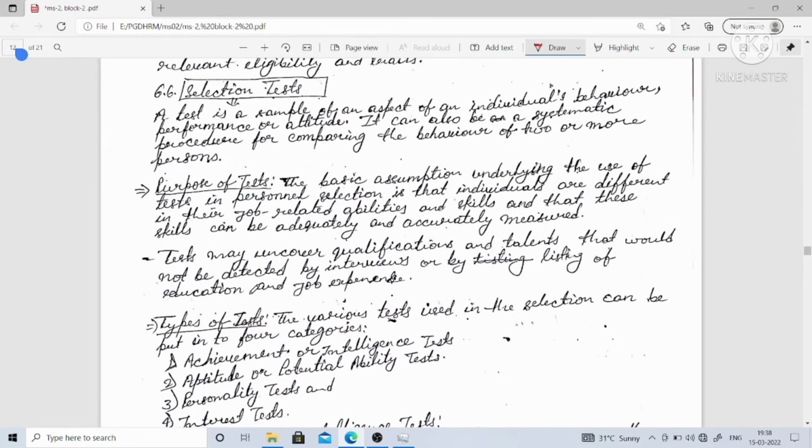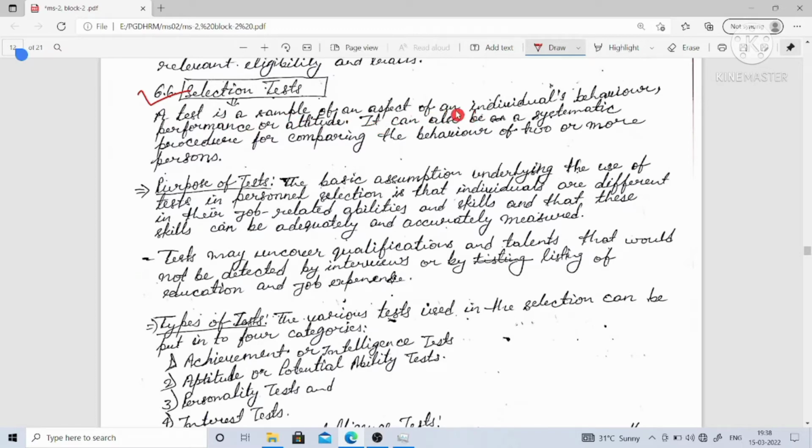Many selection tests are used. So what is a selection test? A test is a sample of an aspect of an individual's behavior, performance, or attitude. It can also be a systematic procedure for comparing the behavior of two or more persons.